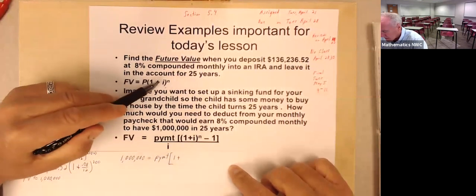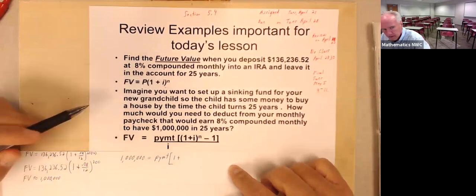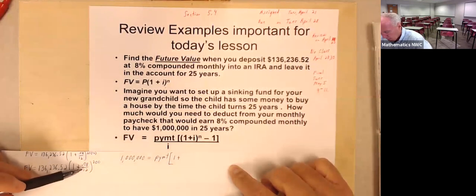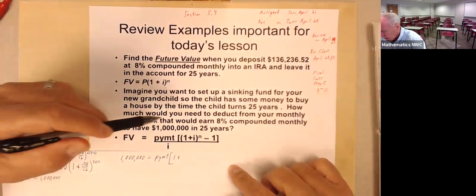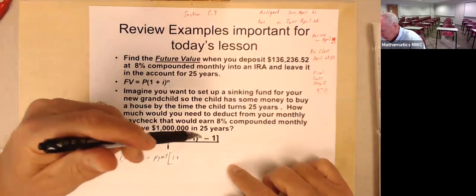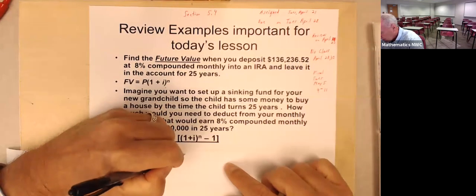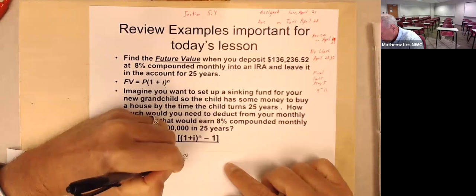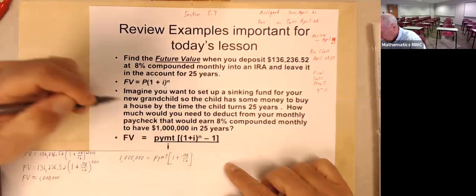My I is the same as I up here. It's that interest rate divided by how many times it's compounded. So my interest rate is 8%. Compounded monthly is going to be 0.08 divided by 12.